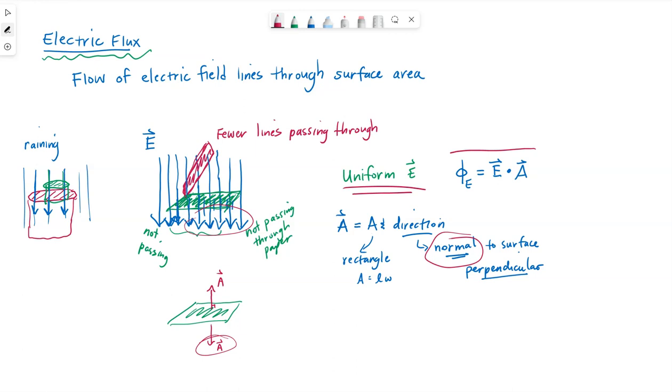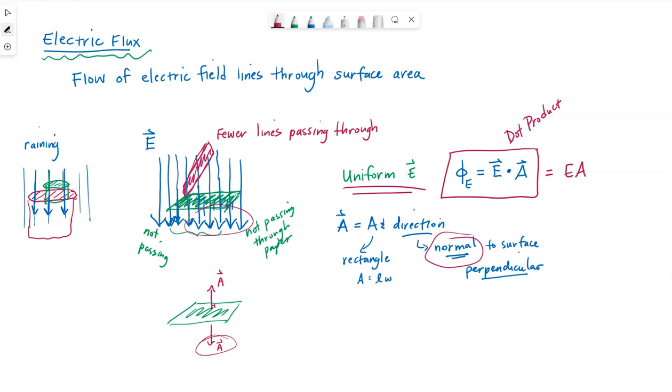So in this situation where we have an electric field that is uniform, we can calculate this electric flux by taking the electric field vector and dotting it, this is the dot product, dotting it with this area vector.